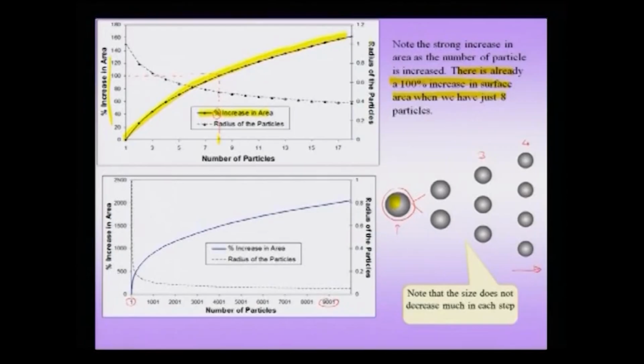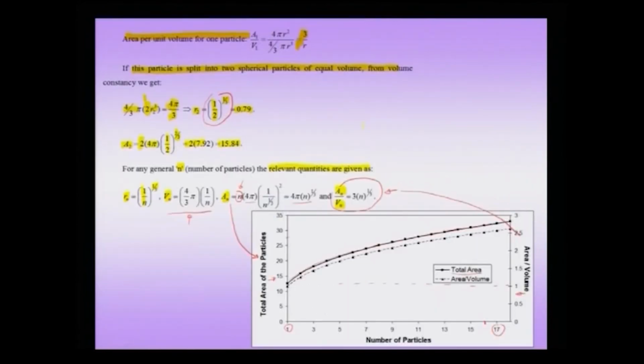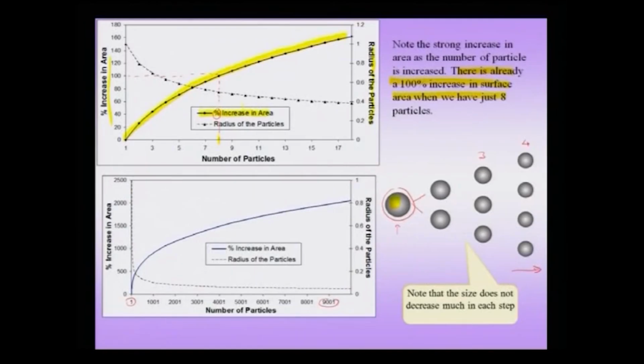Now, the radius of the particle is an important number to note here. You see the radius of the particle is not changing much. If you refer to the previous calculation, when we had 2 particles, the radius is 0.79, and this can be better seen in a figure like this, that at each stage these particles are not looking much smaller than the previous particle.